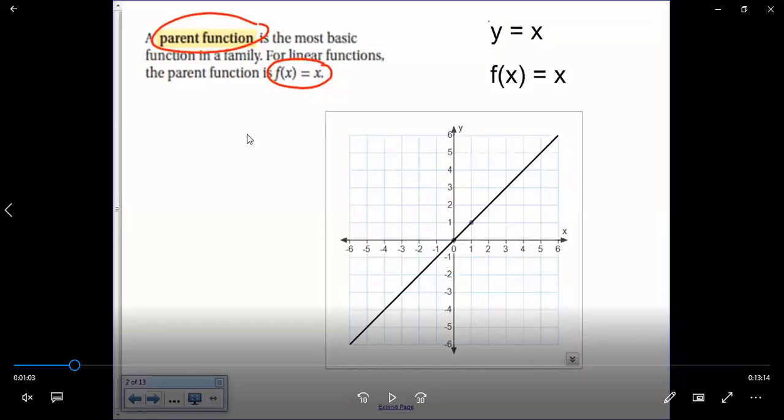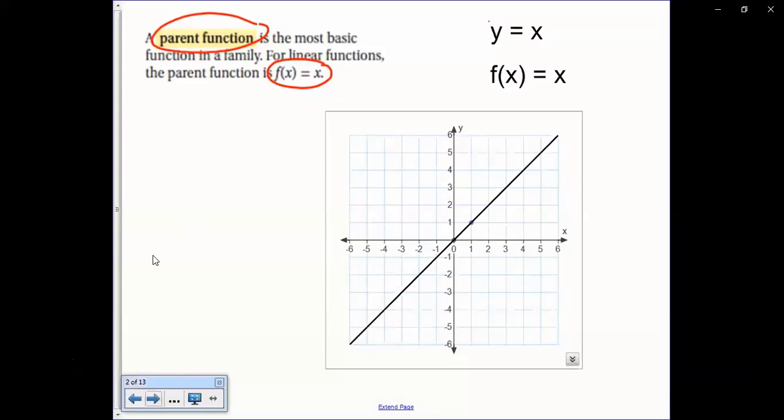So we have to memorize that the parent function is f of x equals x, or y equals x, because this is the basic one, which doesn't have any y-intercept; when you represent it graphically, it will pass through the origin. So if I ask you what the parent function is, you will tell me f of x equals x or y equals x. Understood this part?